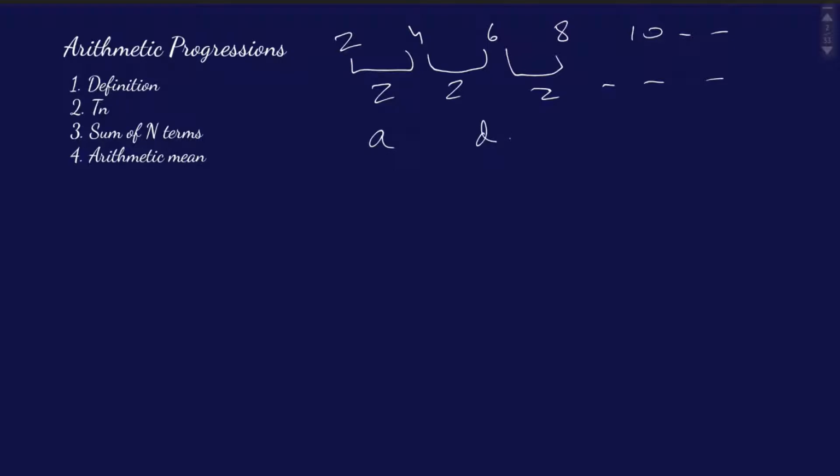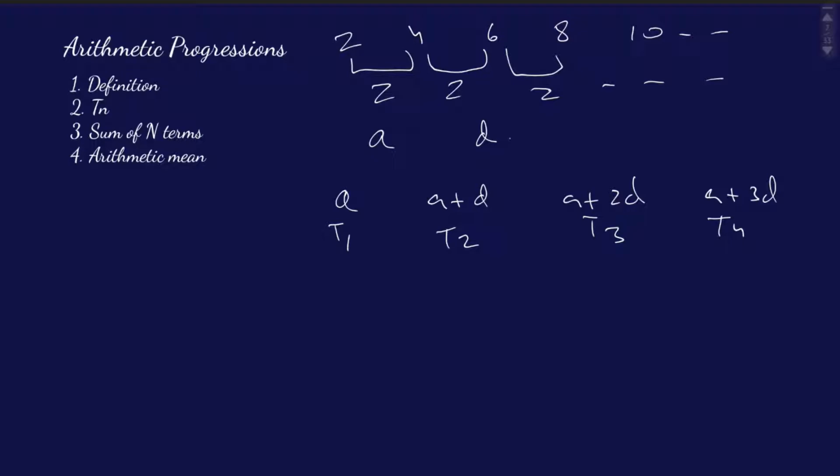difference be D. So we can find the formula for the nth term. How do we do that? The first term is A, the second term is A plus D, the third term is A plus 2D, the fourth term is A plus 3D.